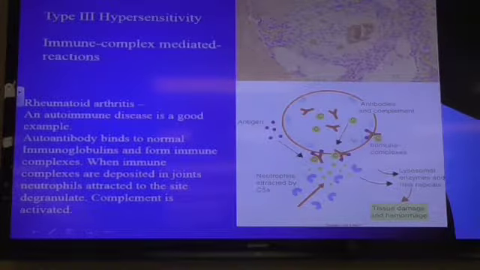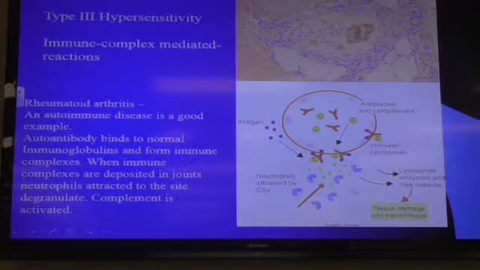So again, what you are seeing is the autoantibodies, shown in red, binding to the normal antibodies. It should also show other types of antibodies, but they are showing these immune complexes. They bind and then get deposited in places such as the blood vessel walls, like shown here. Once they are deposited, they attract neutrophils to the site.